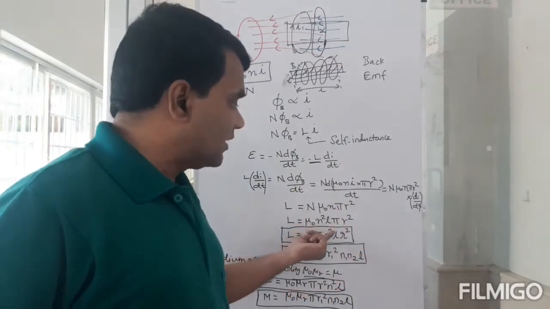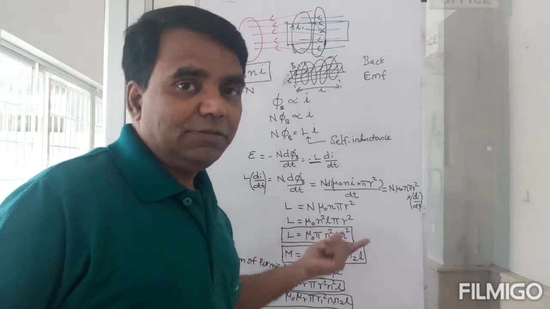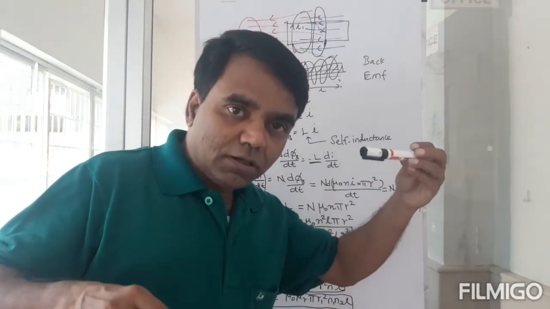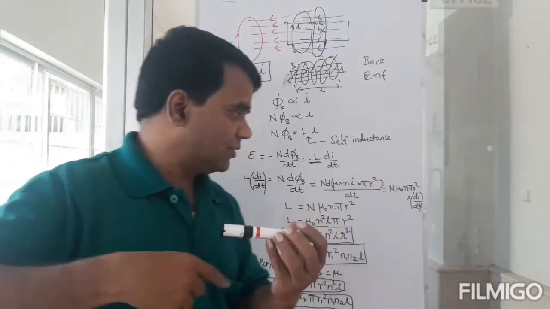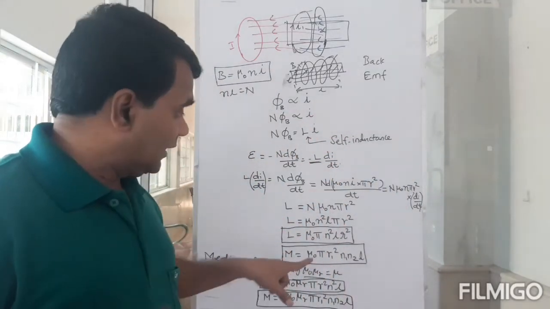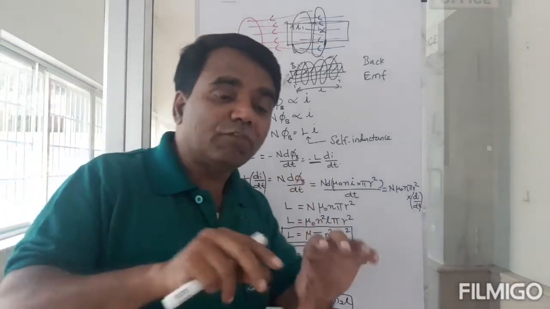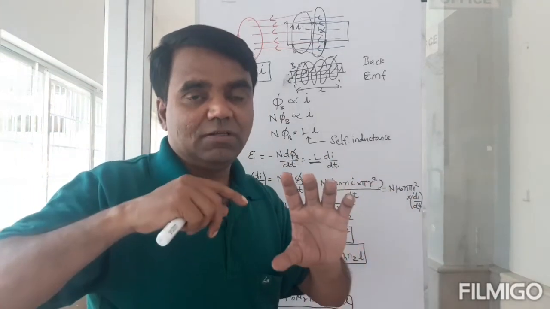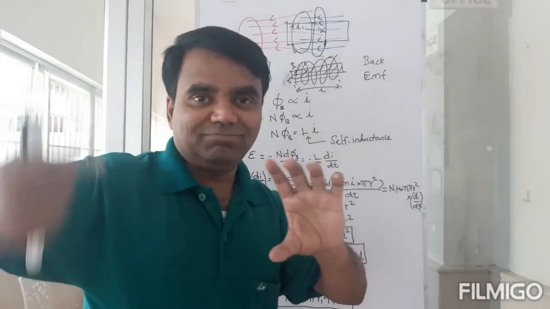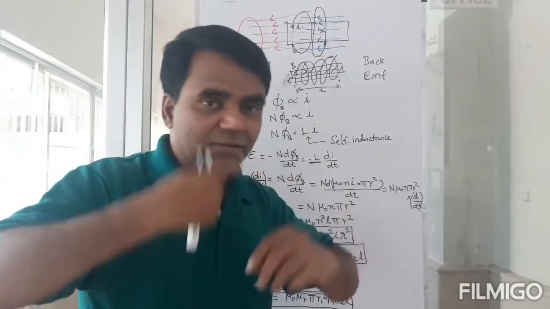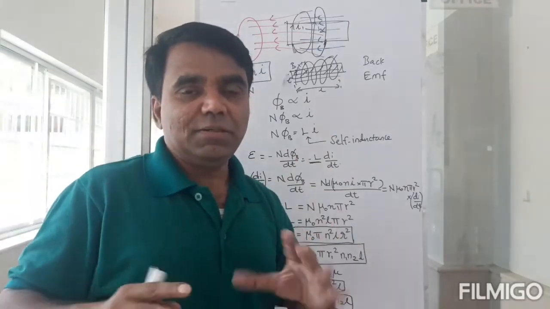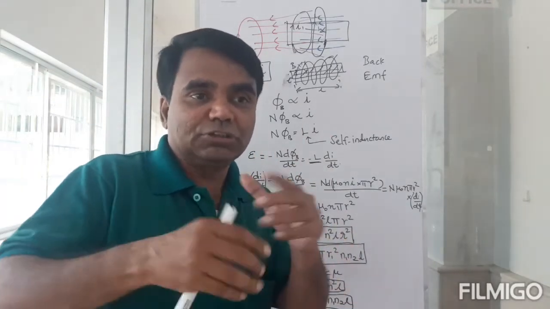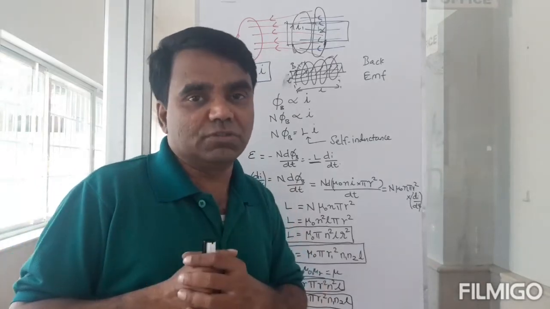It doesn't depend on the material; it depends on the geometry. But if you put an iron core around which you are winding this, then the mu will be the mu of the iron core. It has nothing to do with the coil. I can use aluminum, silver, copper, anything, but the inductance will not change because of the material I use.